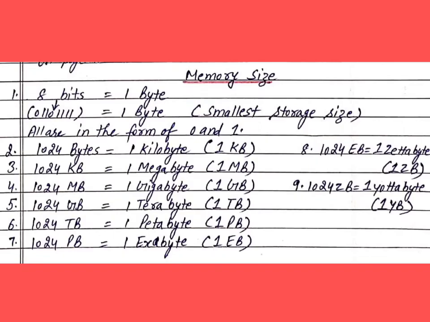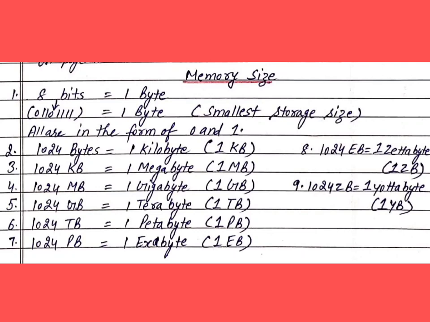Number 2, 1024 bytes is equal to 1 kilobyte or 1 KB. Number 3, 1024 KB is equal to 1 megabyte or 1 MB. Number 4, 1024 MB is equal to 1 gigabyte or 1 GB.